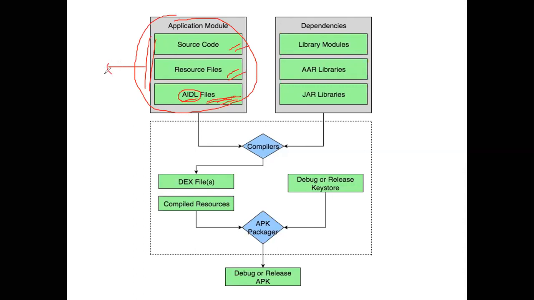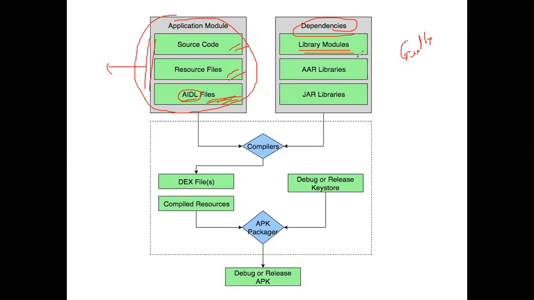But all these application files will be dependent on certain modules or libraries. These dependencies will be resolved by your Gradle. Therefore this Gradle sync and Gradle build is required. Your Gradle build process will resolve this dependency.